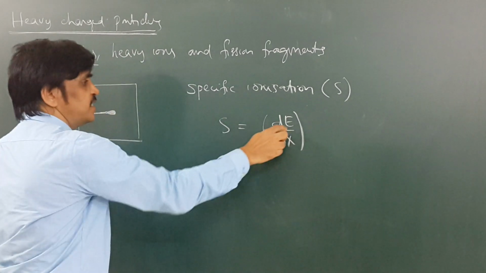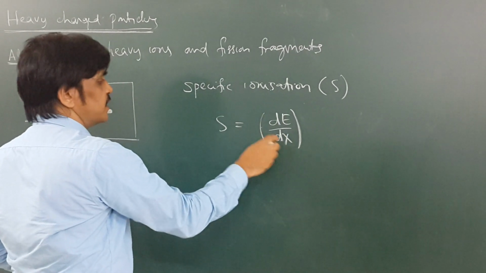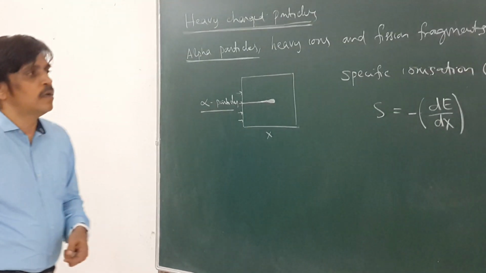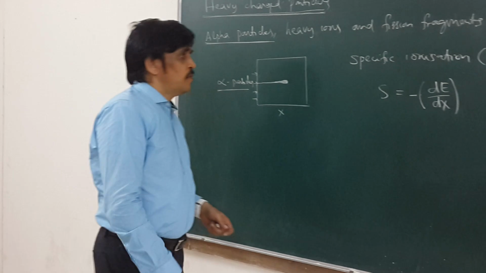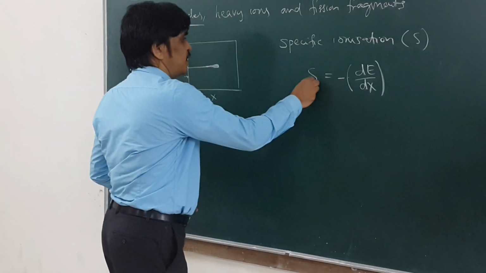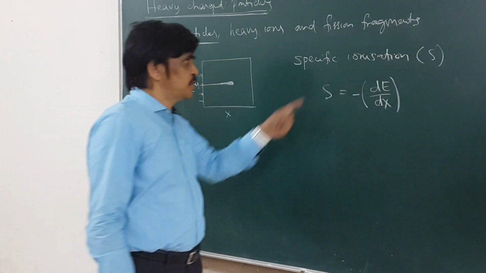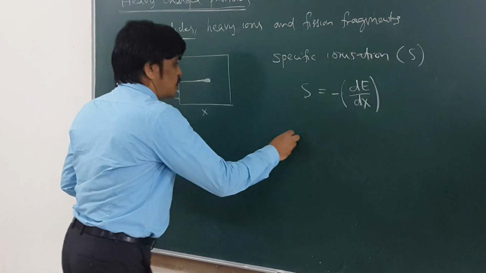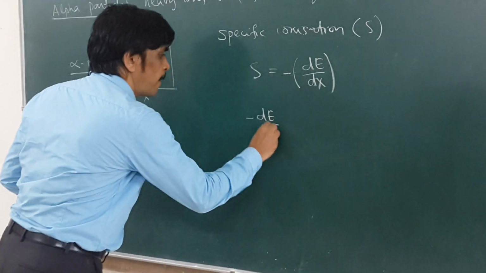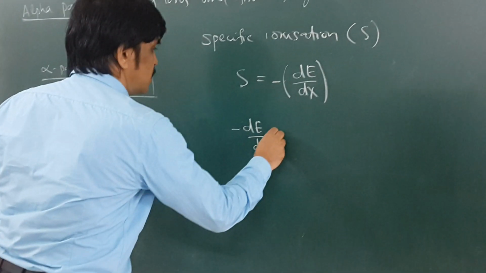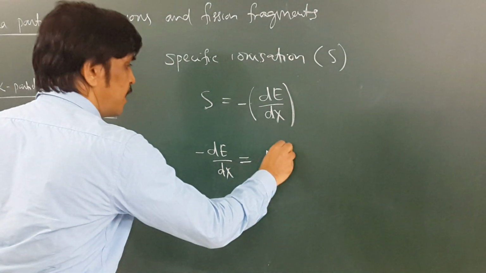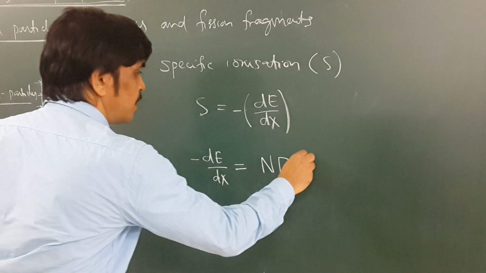Because the energy decreases with the thickness, it is normally represented with a negative sign. Now Bethe and Bloch have derived this formula for the specific ionization or the specific energy loss. So dE by dx is given by n v.